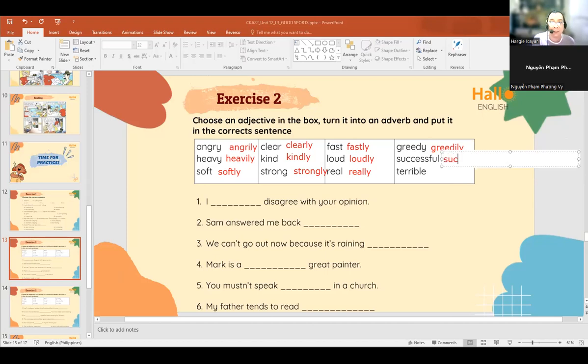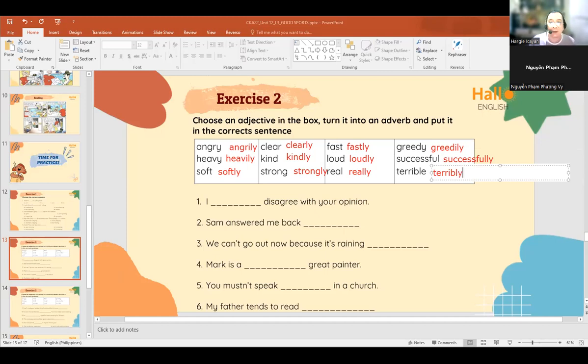Next, what about when we say successful? Successful becomes successfully. Okay. Next, what about when I say terrible? It becomes terribly.